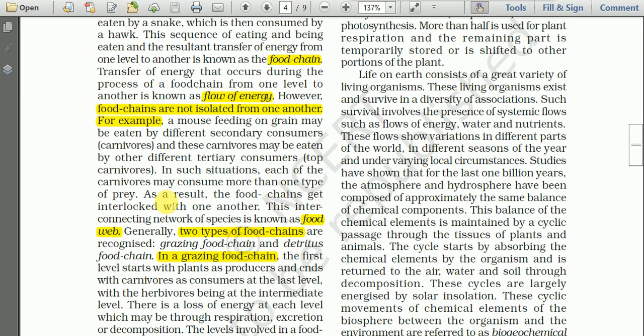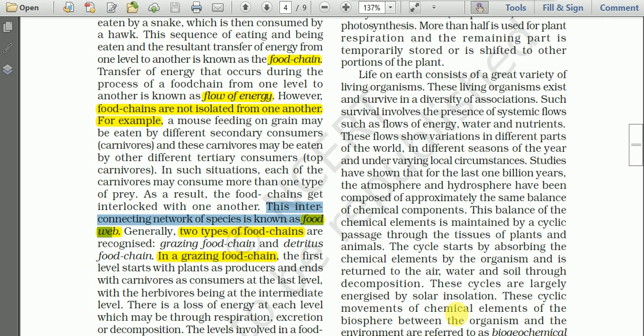And in such a situation, each of the carnivores may consume more than one type of prey. As a result, food chains get interlocked with one another. This interconnecting network of species is known as food web. Actually, food web is the interconnecting network of these food chains.